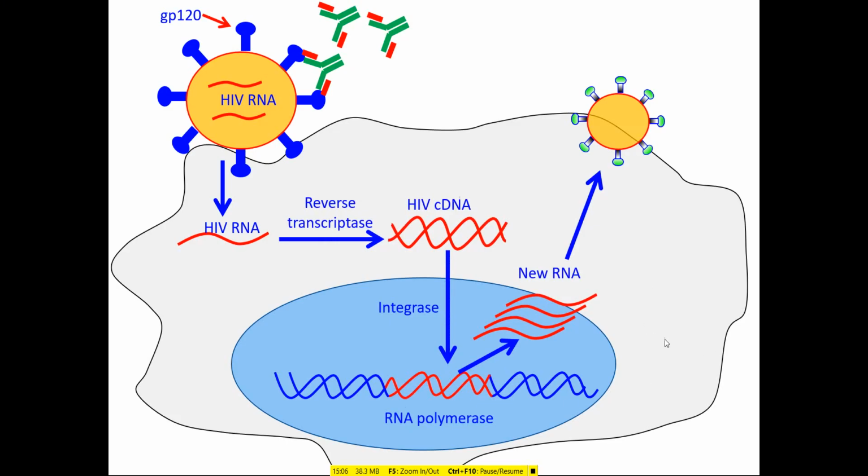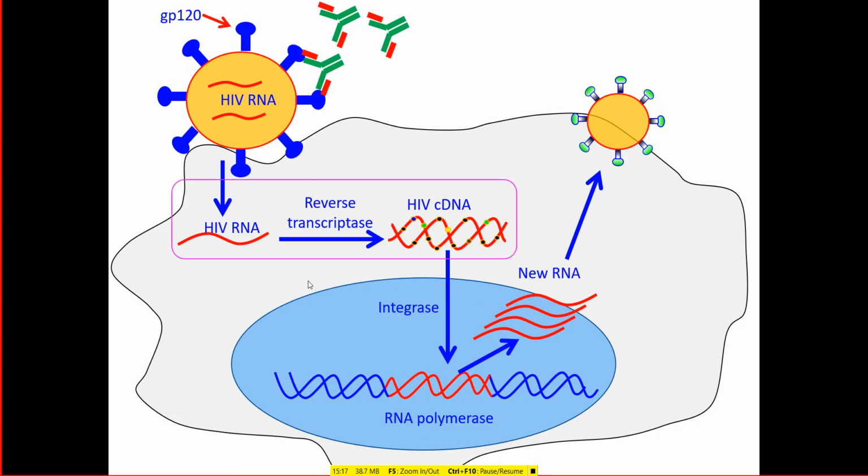So this target cell could be a T cell, a CD4 T cell, or it could be a monocytoid cell like a macrophage. The point though is that this reverse transcriptase makes a lot of mistakes. Making mistakes is usually not good. But if you want to mutate something, making mistakes is very good for you. So this reverse transcriptase makes a lot of mistakes.